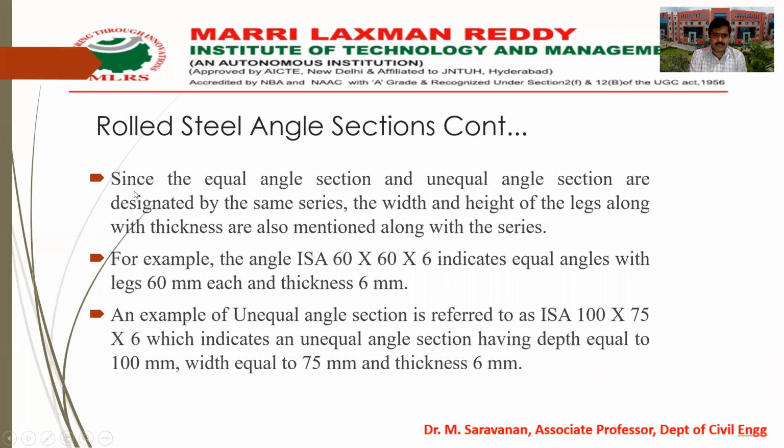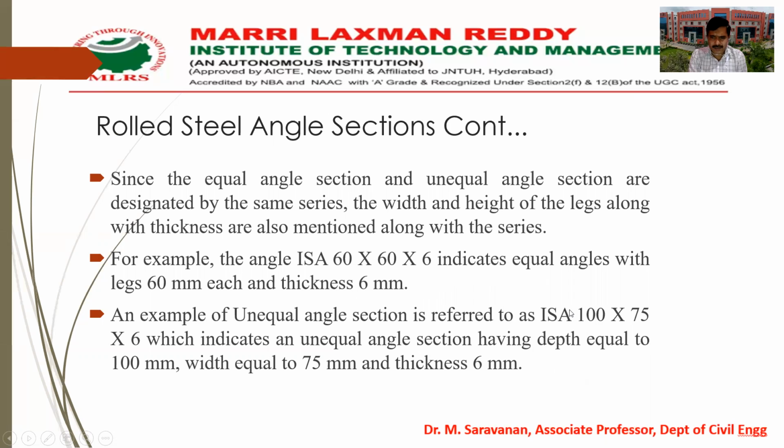In rolled steel angle sections, the equal angle section and the unequal angle section are designated by the same series, that is ISA. Equal angle sections are designated as ISA, and unequal angles are also designated as ISA. But in an equal angle section, both legs are equal, 60 mm by 60 mm, thickness 6 mm.